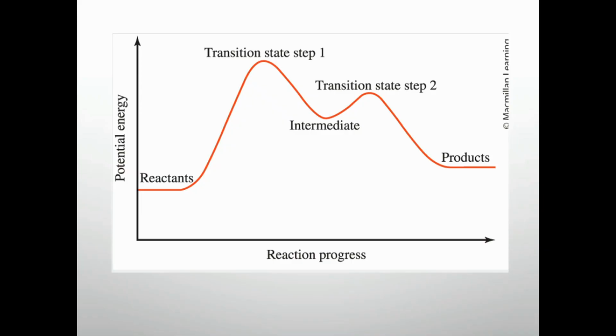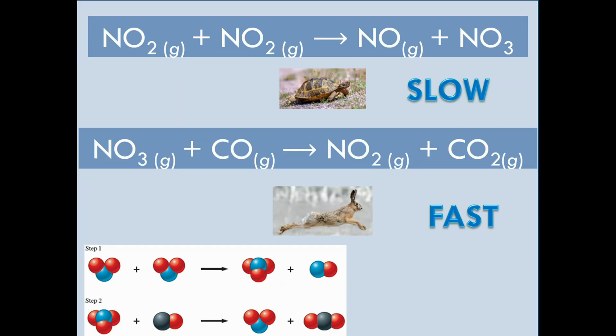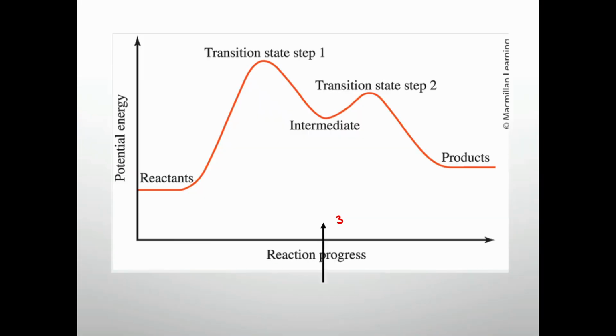So my intermediate for this reaction is NO3, because if I look at my reaction, NO3 gets formed in step 1, it gets removed in step 2. That is my intermediate.